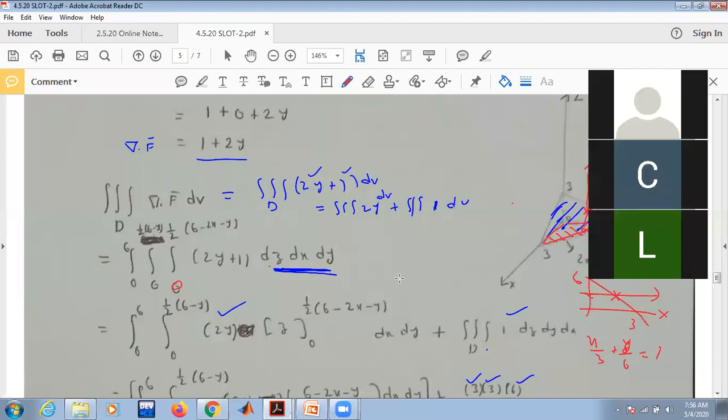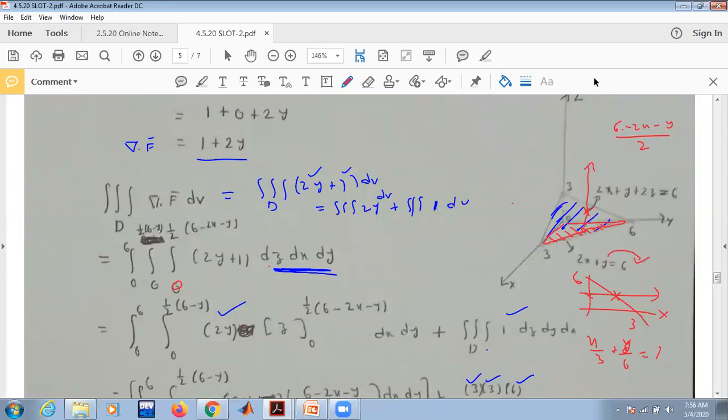Y varies from 0 to 6. Then I integrated this 2y with respect to z. What is the integration of 2y with respect to z? This plus 1 I have taken outside in the second term.